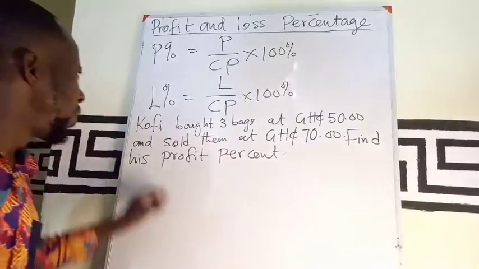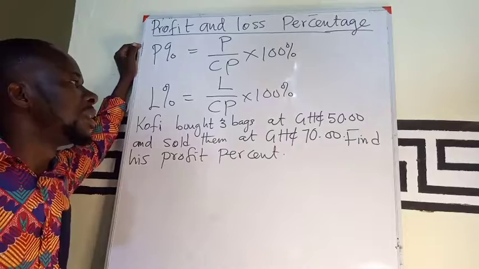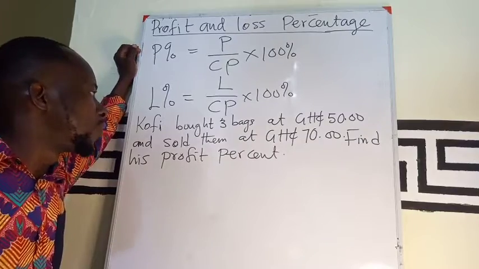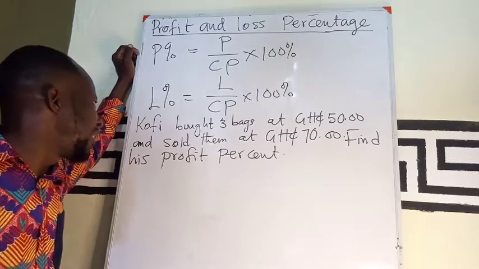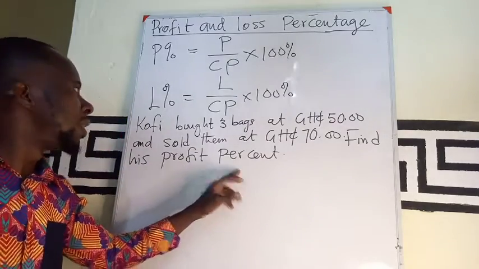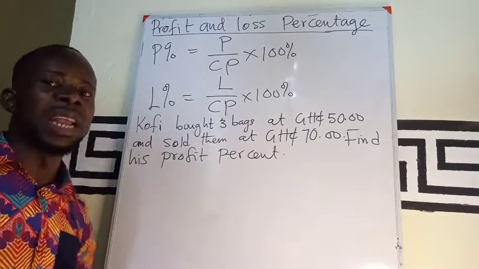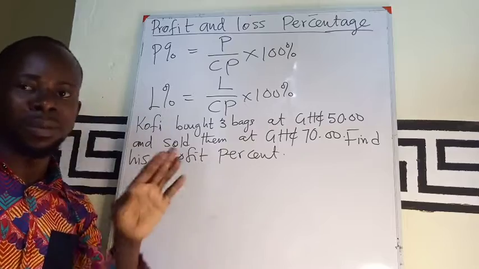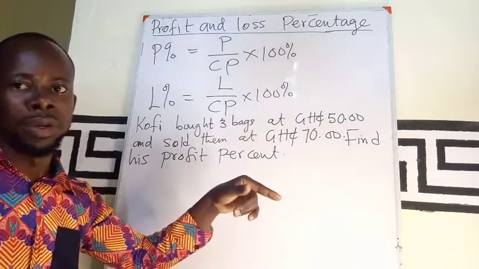Kofi bought 3 bags at 50 Ghana cedis and sold them at 70 Ghana cedis. We have to find his profit percent. Now, the 3 bags at 50 Ghana cedis means all the 3 bags together cost 50 Ghana cedis; we were not given the unit cost.